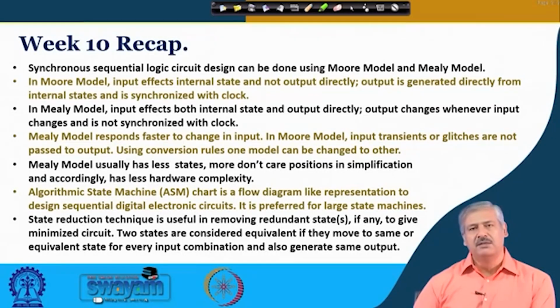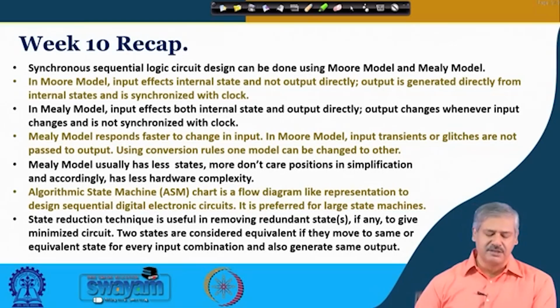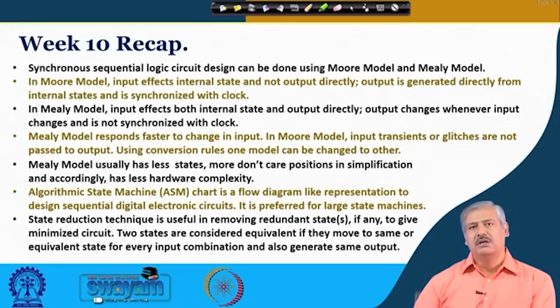In Moore model any transients in the input are not passed to the output directly. Once the transient stabilizes, then the clocking happens and then the output is generated from the internal states. These are certain things that we had seen, and we knew how to convert one model to another. So, we saw the techniques, and depending on our requirement we can use one or the other.